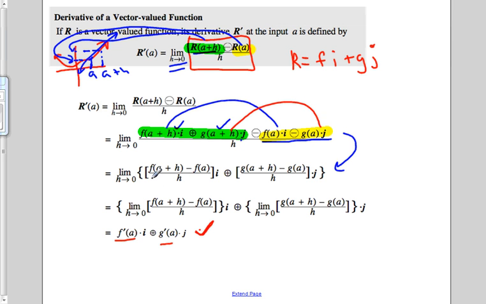And then what we notice, this is just the derivative of f at a, and this is just the derivative of g at a. And so we get a formal proof that the derivative of a vector valued function is just the derivative of each of the respective functions.